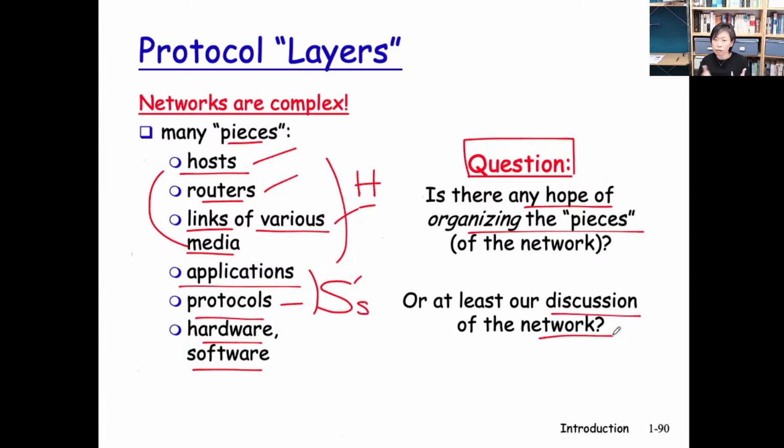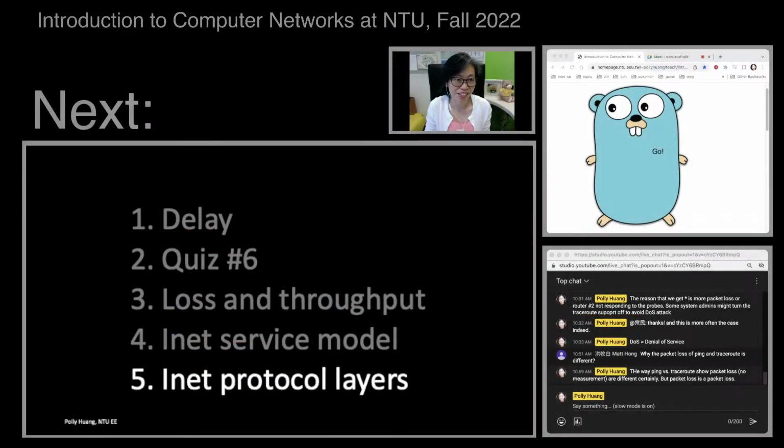Not just between senior network engineers, but also for incoming network engineers, and how the senior ones teach the junior ones. That's why we say the internet has a layered structure. We group the protocols, one layer a group, another layer another group.